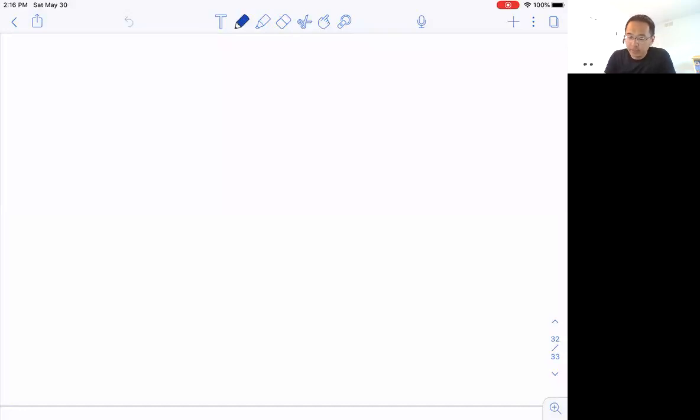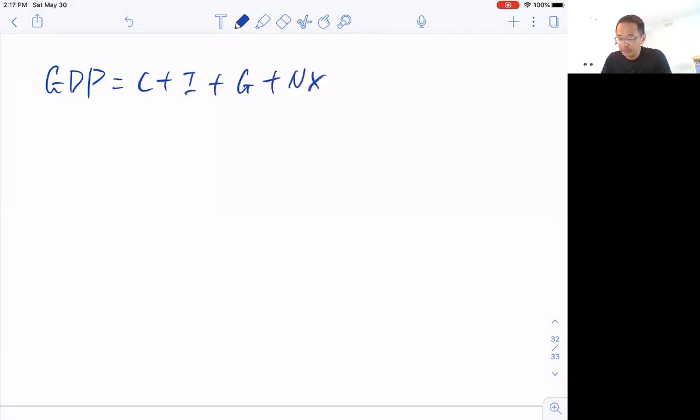If you recall, the expenditure approach, or the spending side of GDP, is GDP equals C plus I plus G plus net exports. In this chapter, we will take these four parts and explore them individually, one at a time. Let's start with C.